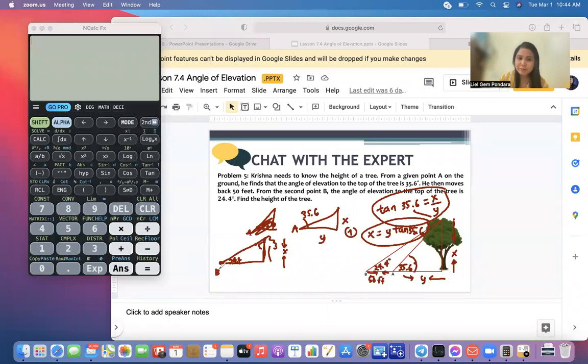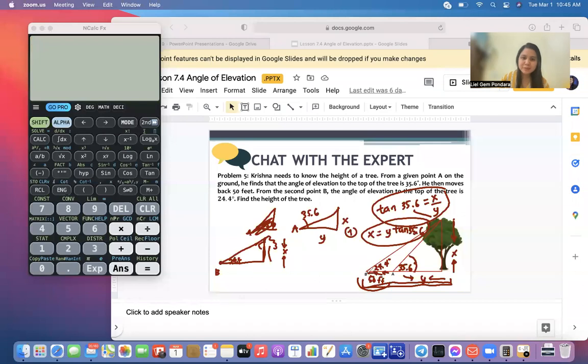What's the measure from B to the tree? What's the distance from B to the tree? Mm, 50 feet is only from B to A. I'm asking from B to the tree. No, you look at the drawing.